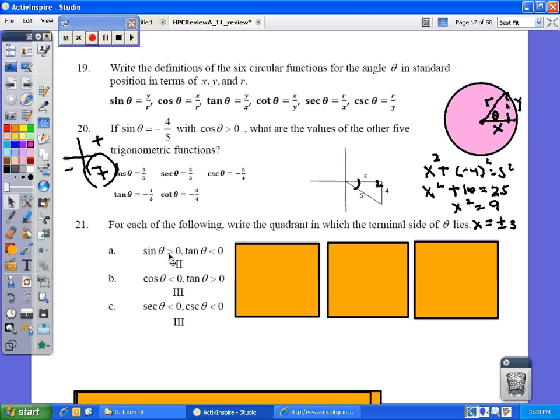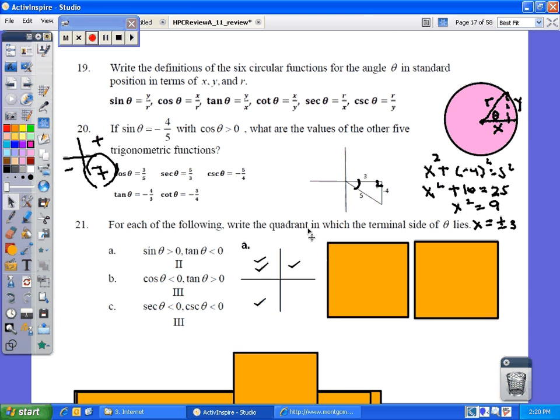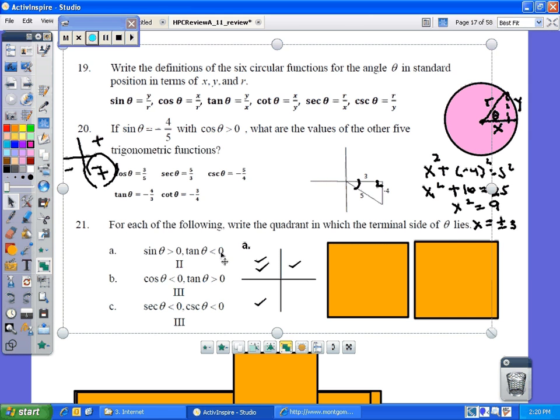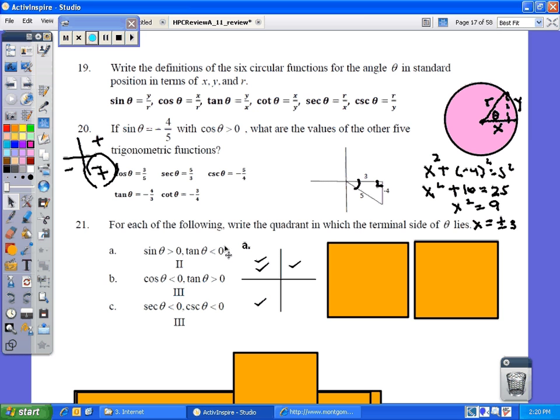If I know the sine is positive and the tangent is negative, then I have to determine by a little checklist. I know sine is positive here and here, first and second. I know tangent is negative in second and fourth.